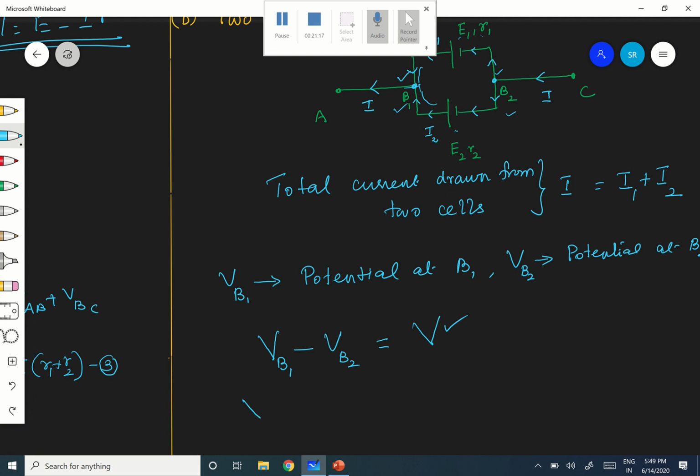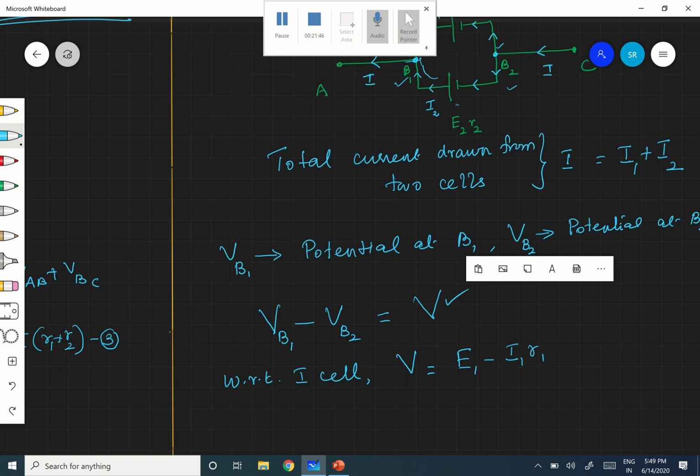What is V? V is equal to E1 minus, what is the current drawn here? I1 from the first cell, I1 R1. V is equal to E1 minus I1 R1. Hope you people are following.